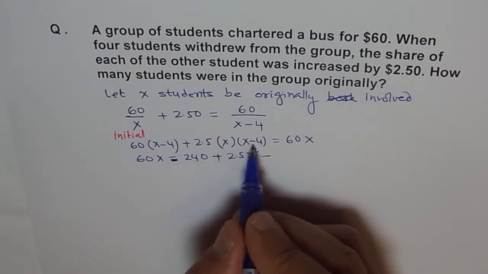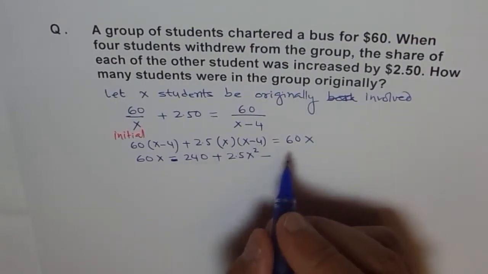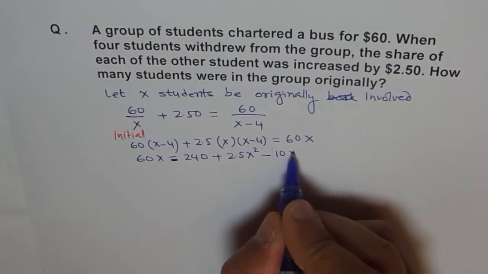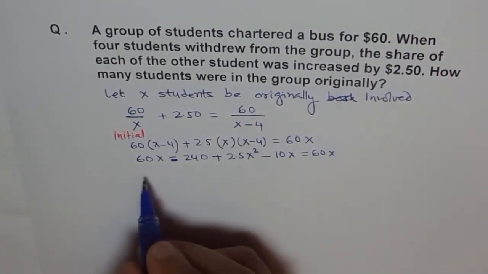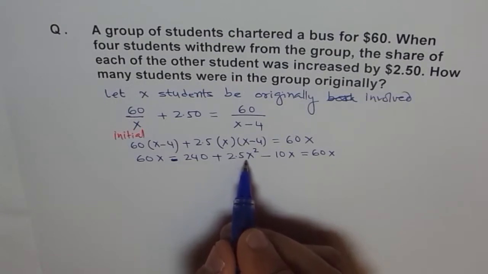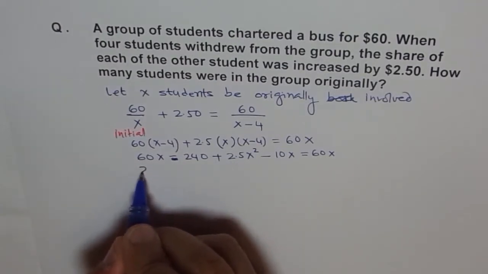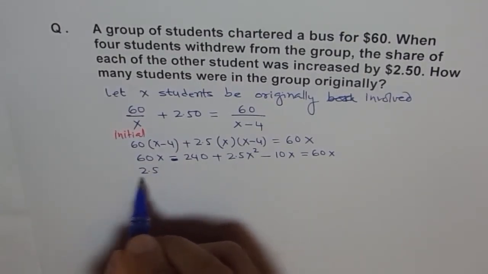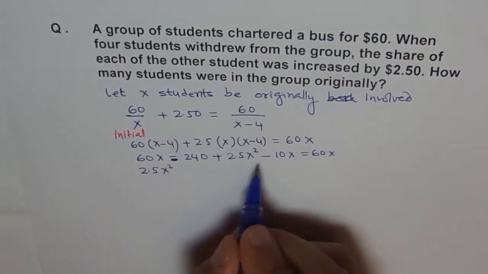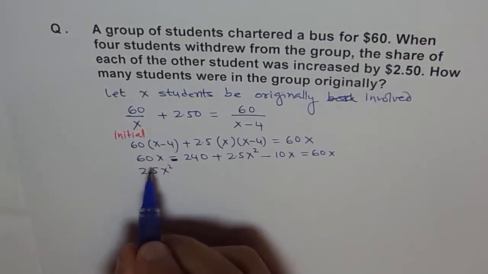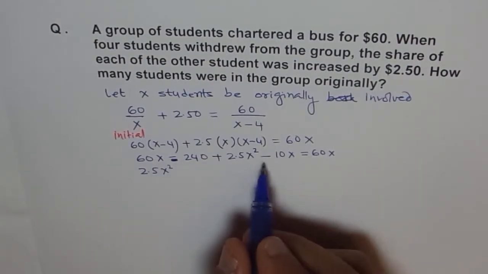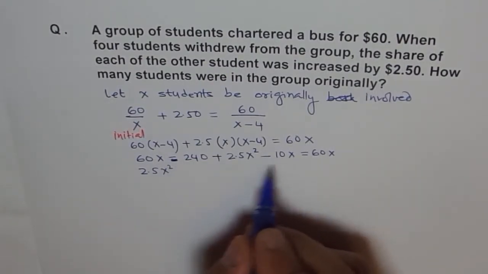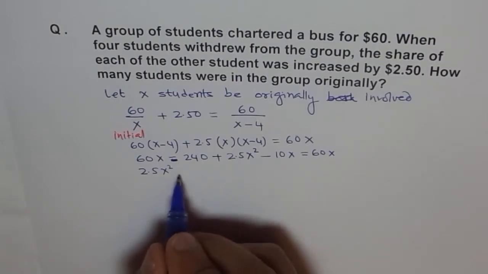So 10x, because this x will get multiplied, so minus 10x equals 60x. Now we'll bring the terms together. Leading coefficient is 2.5 for us. Then the x terms are 60x, and this 60x comes here, so they get minus, and you get minus 10x.